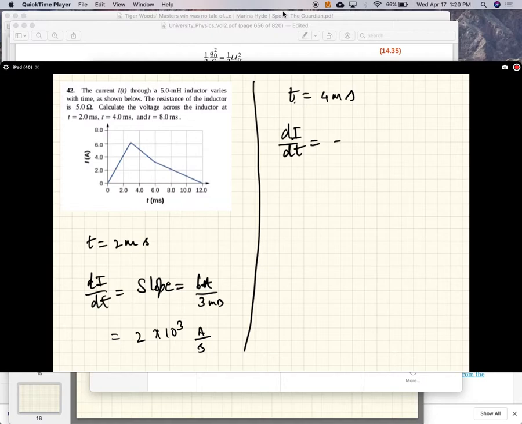Minus 3 amps divided by 3 milliseconds is equal to minus 1,000 amps per second.